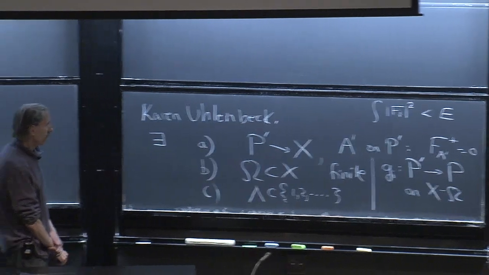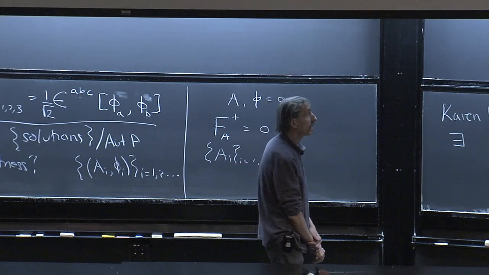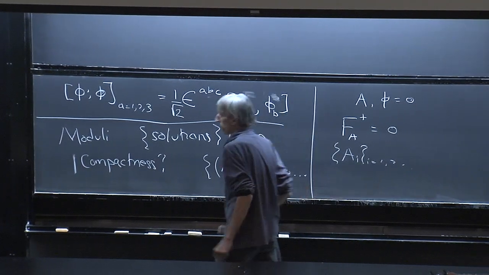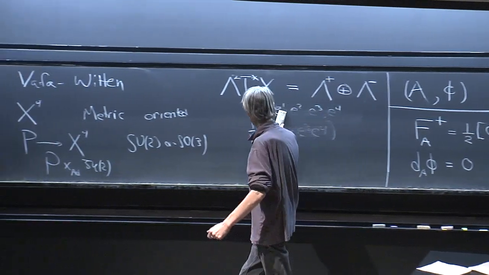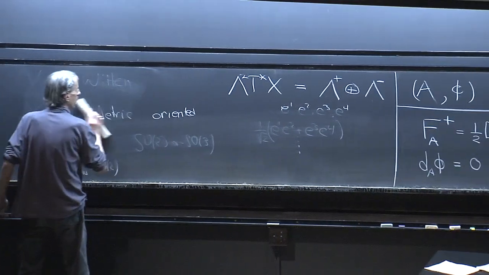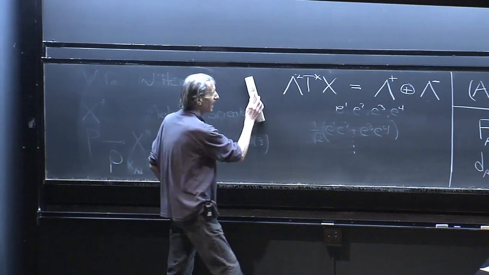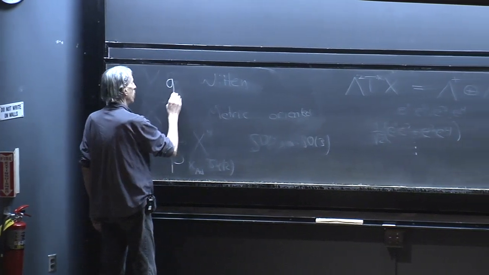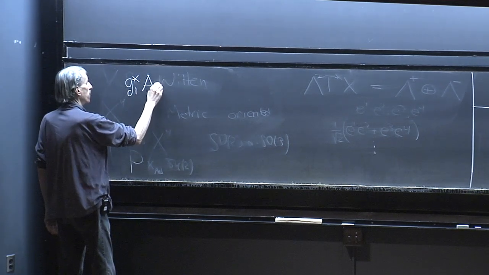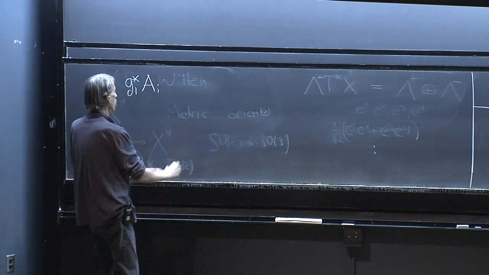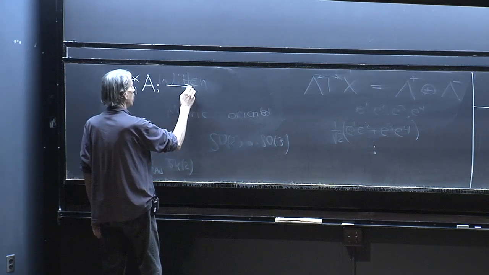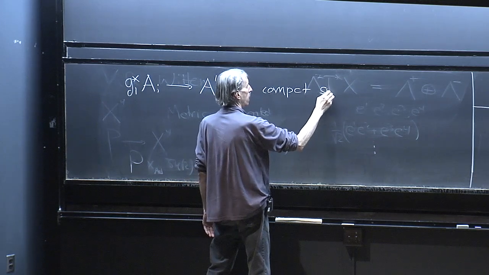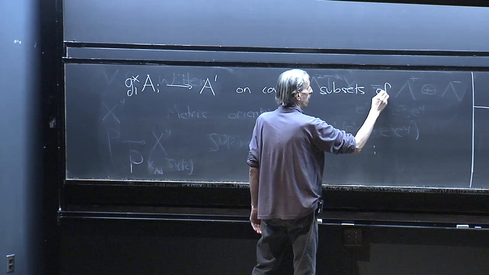So that's what her theorem gives you, and then the conclusion is that for the subsequence, if you look at the pullback, you now have a sequence of connections on P prime on the complement of that set omega, and this converges to A prime on compact subsets of X minus omega.